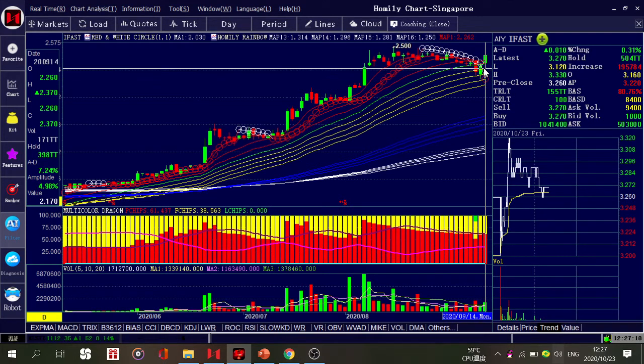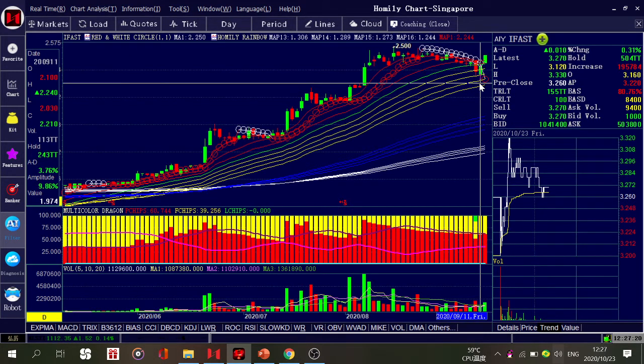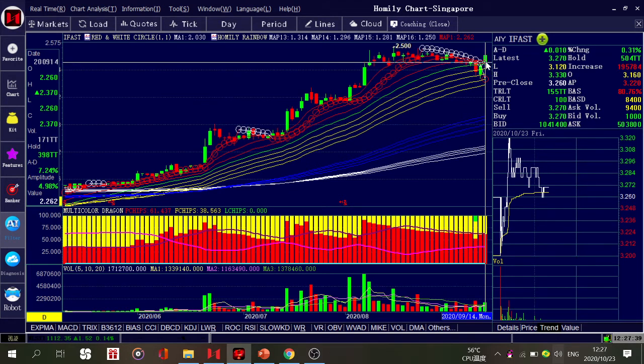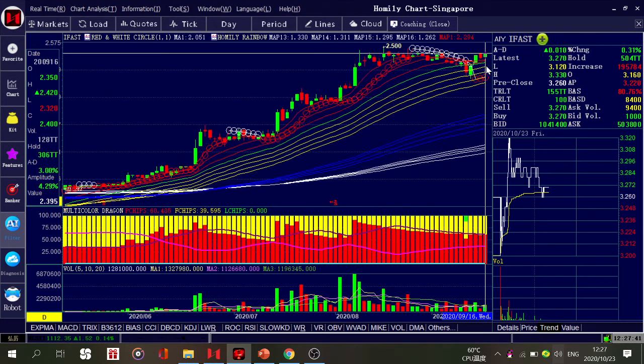Red circle turning white will be your final stop loss level. Means you can set several different stop loss levels based on your own capacity to take risks or your preference of risks. Okay, so let's say we set the open price of this bullish candle as your stop loss.